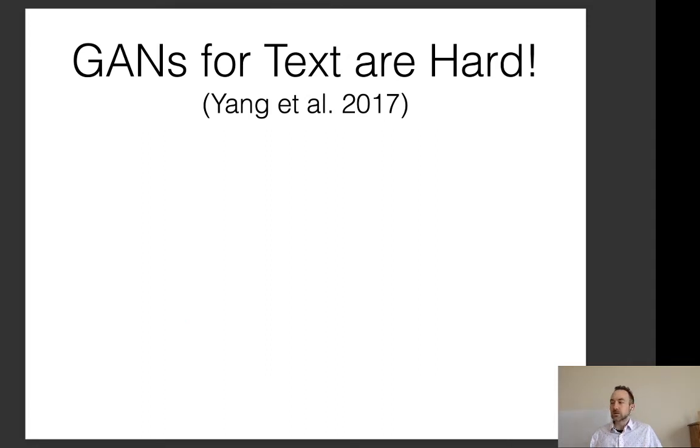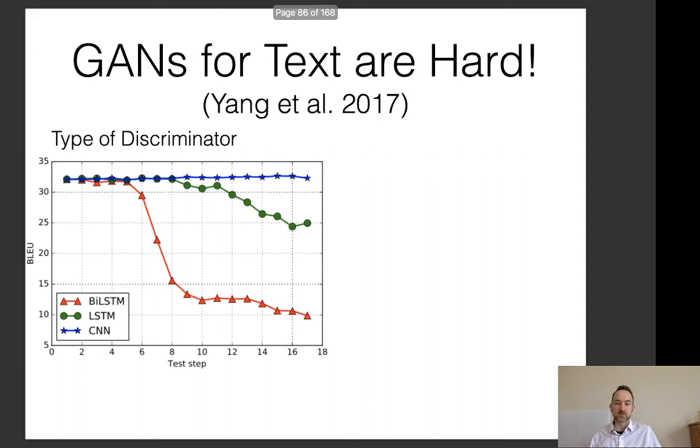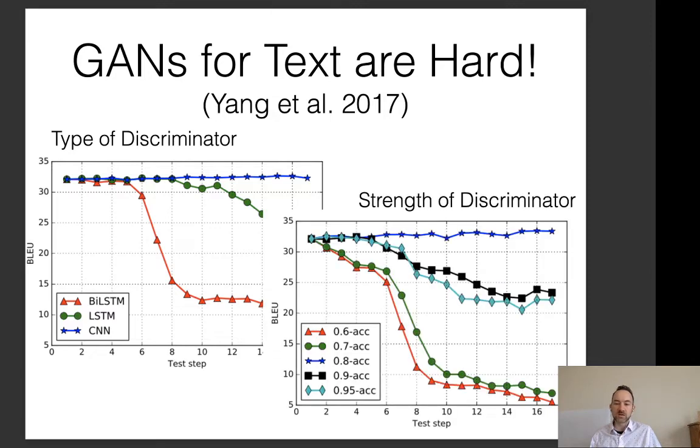So I think fundamentally the idea of GANs is very intuitive and attractive, but GANs for text are also hard to train, and they're even harder to train than GANs for images. There are a lot of things that go into whether the models work. For example, the type of discriminator you use might be important. The strength of the discriminator and the learning rate might be important.